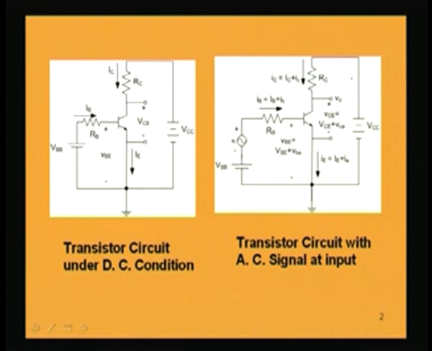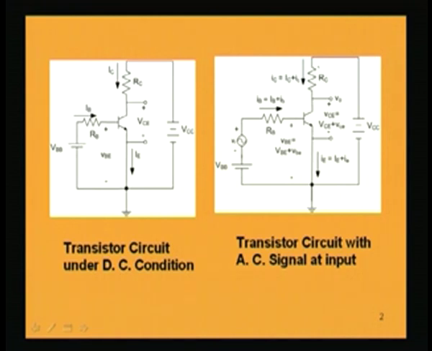When we have an AC signal along with the DC voltage VBB, the currents which were earlier flowing in the DC circuit were the DC currents IB, IC and IE. Now, because of the application of the AC signal, we will have AC currents also. Considering the base, we will have an AC current small ib along with the DC value IB.